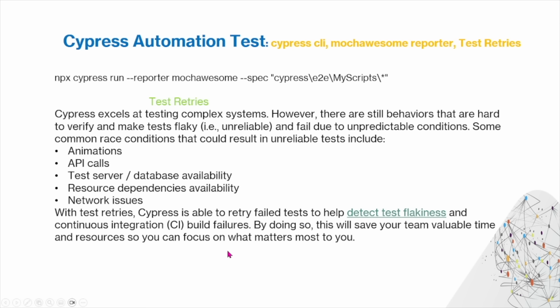With test retries, Cypress is able to retry failed tests to help detect test flakiness and continuous integration build failures. By doing so, this will save your team valuable time and resources so you can focus on what matters most to you. And within your config file, you can determine how many retries you want to use.